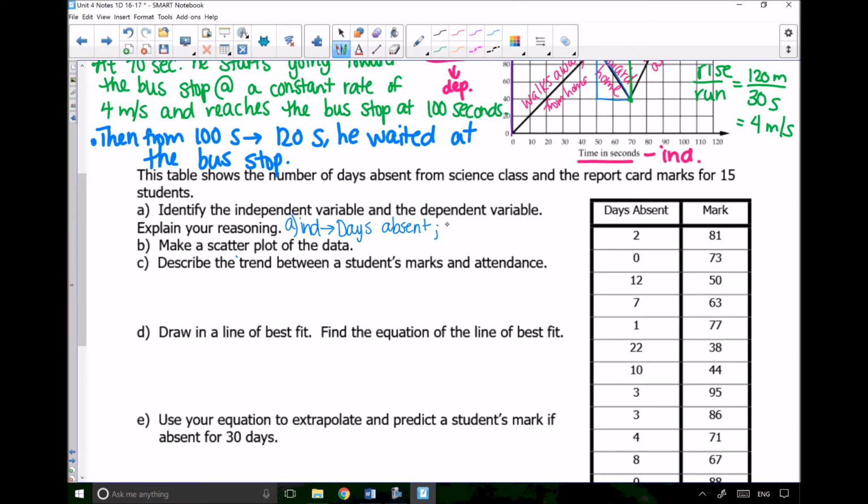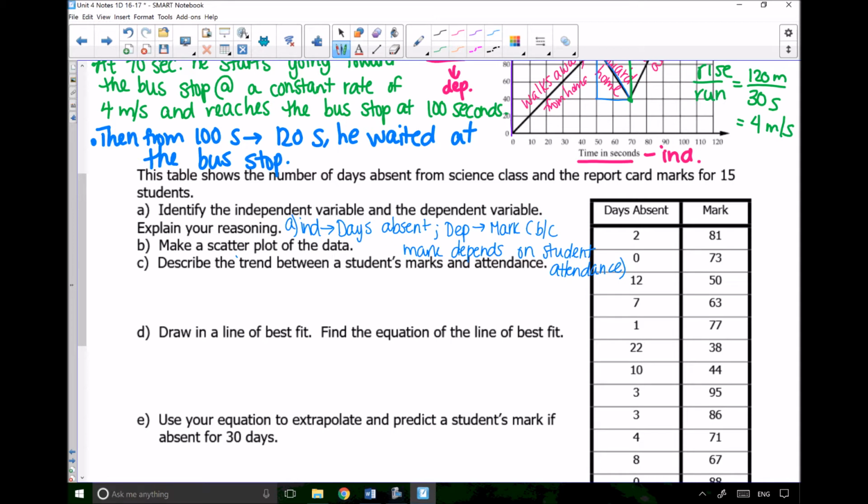And then the dependent is going to be the mark because the mark depends on student attendance, right? Like if you're in class, you're going to do a lot better than if you don't show up to class at all. So the more often you're at school, most likely the better your mark is going to be. And we're going to see if this is true when we create our scatter plot.